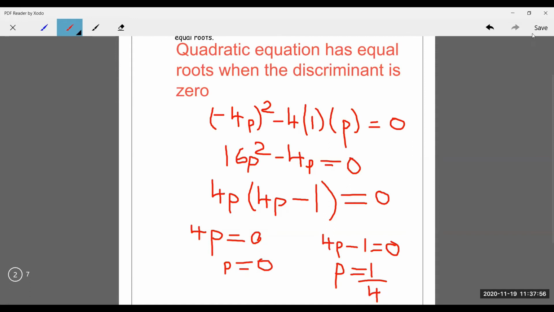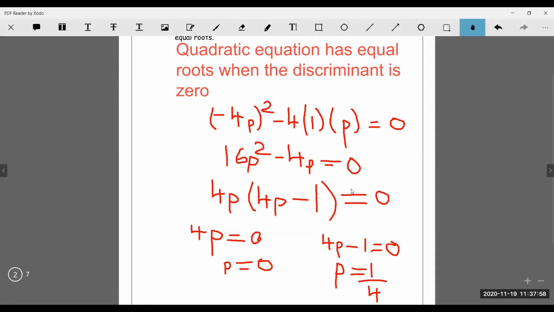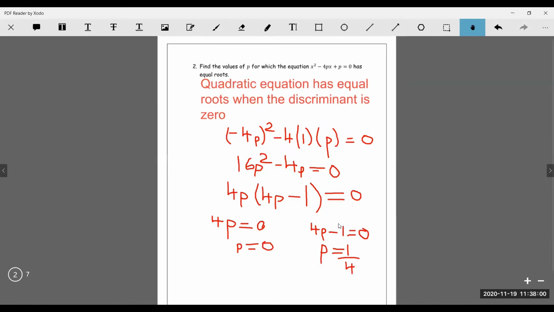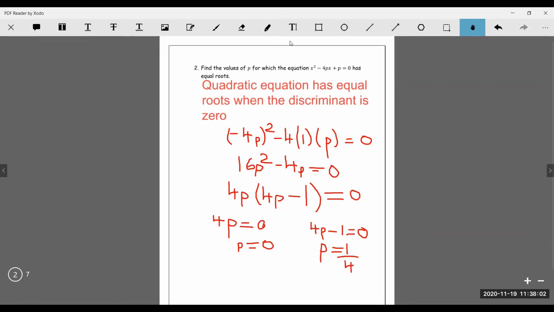All right, so these are the two possible values for p for when the function will have equal roots. So let's check it out. We can always test our solution. So for example, when p equals 0, the equation we get is just x squared minus 0 plus 0 equals 0.